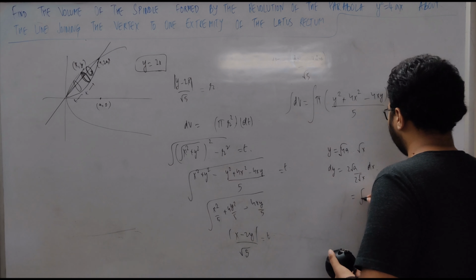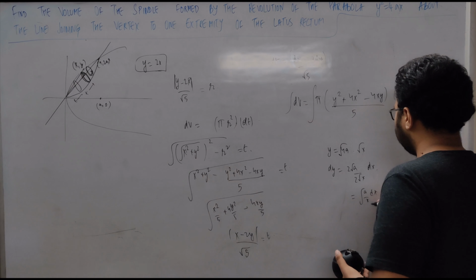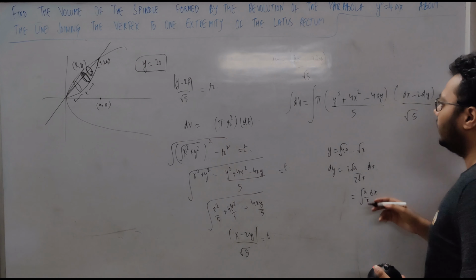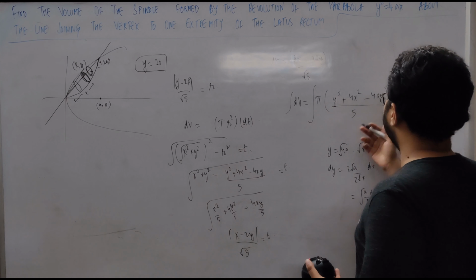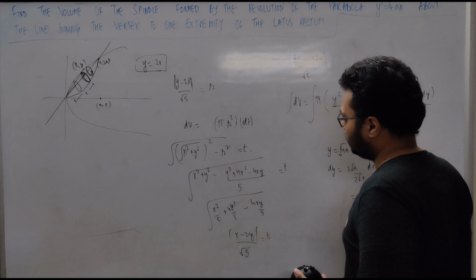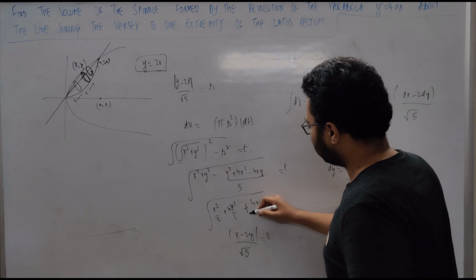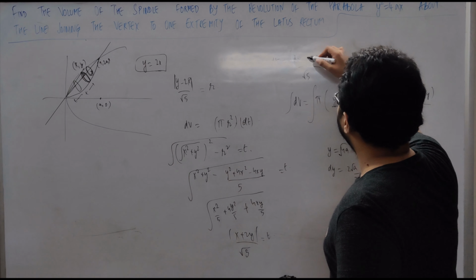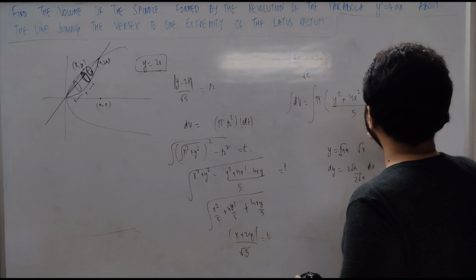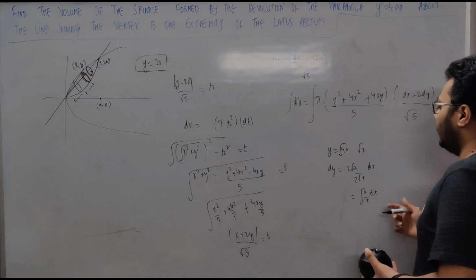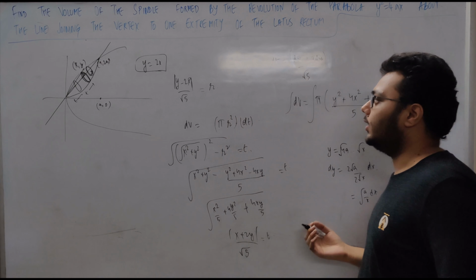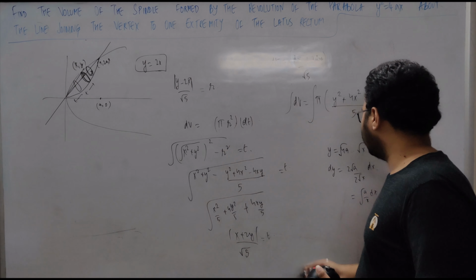So it is root a by x dx, and we can put this dy over here. I'm sorry, it is a plus over here. And we can simply integrate this with the limits of x from 0 to a, and we can find the total volume.